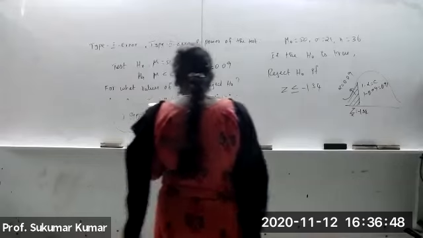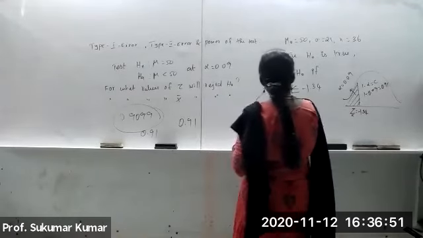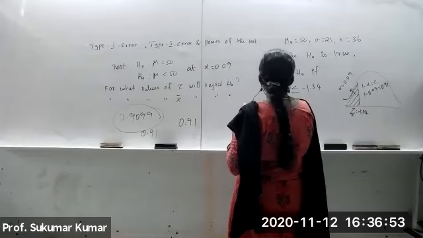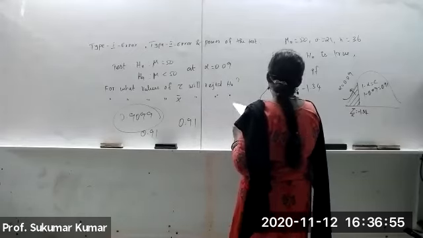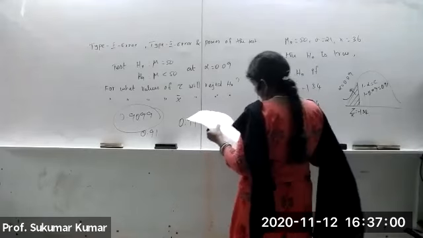First question over. Next, we know the test statistic formula is x bar minus mu naught divided by sigma by root n, less than or equal to minus 1.34.